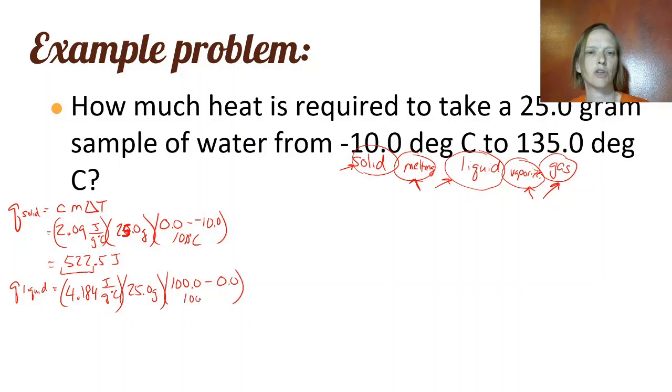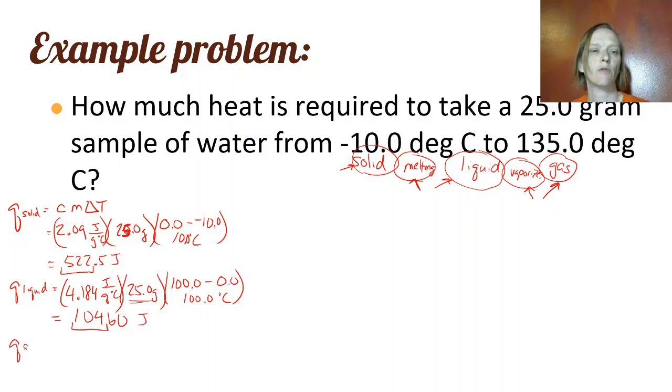So that's a temperature change of 100 degrees Celsius. And if I do the math, I get the answer 10,460 joules. Again, the limiting sig fig value here is the mass, so only the first 3 digits here are significant.